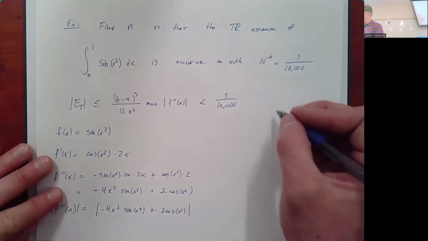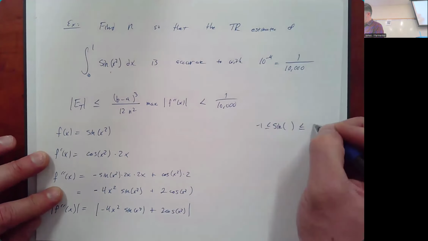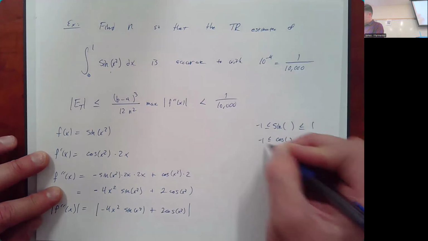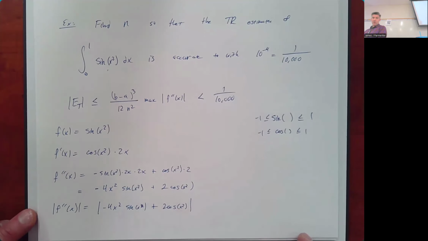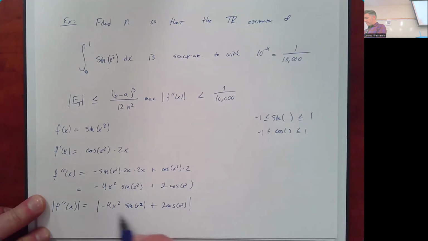So it's always true that sine of anything is between negative 1 and 1, and cosine of anything is between negative 1 and 1. So we want this part to be as big as possible and this part to be as big as possible.